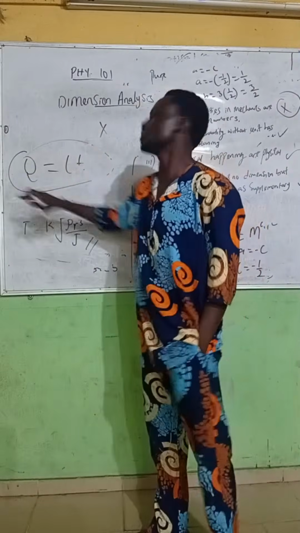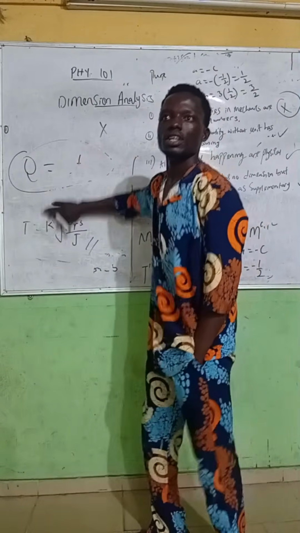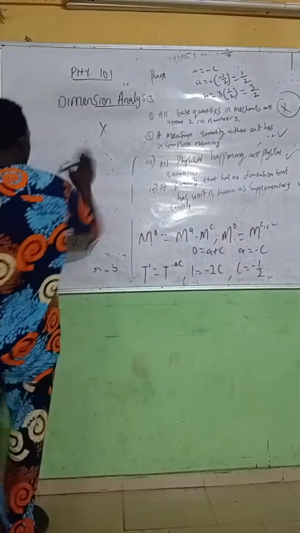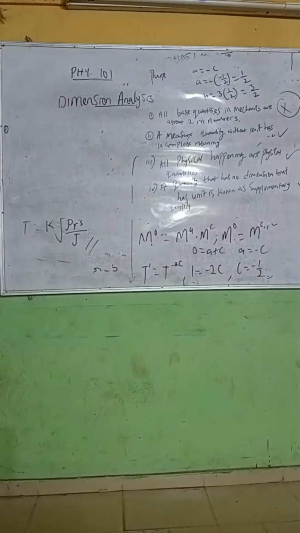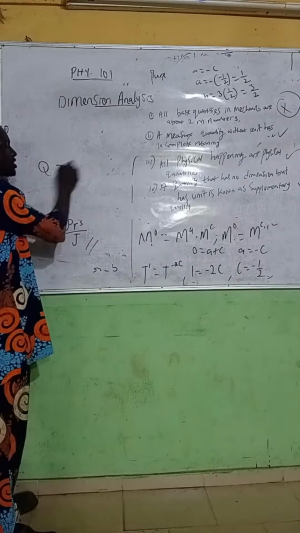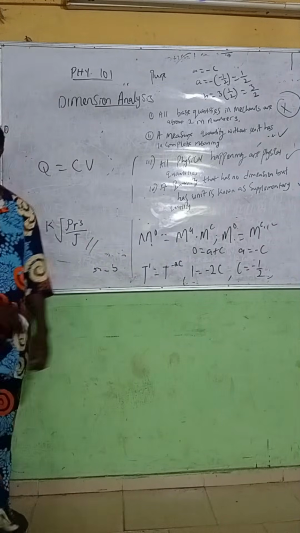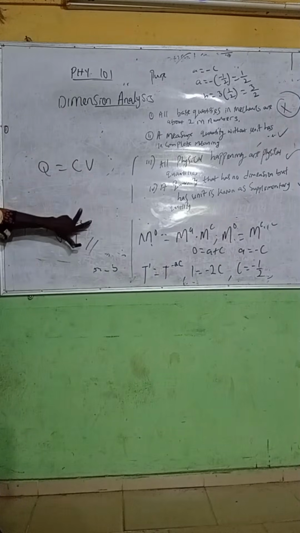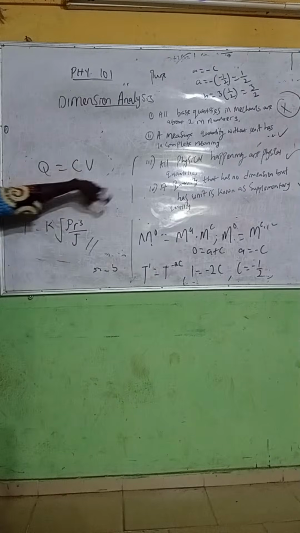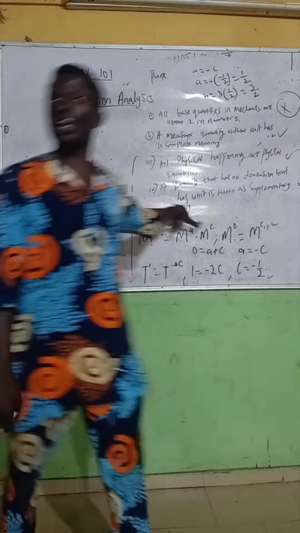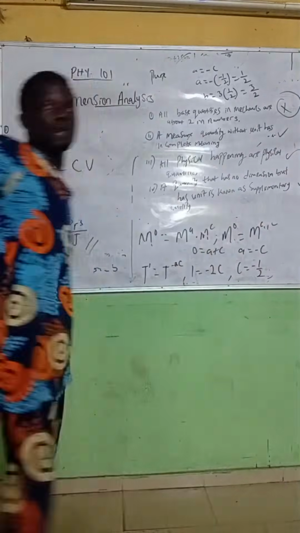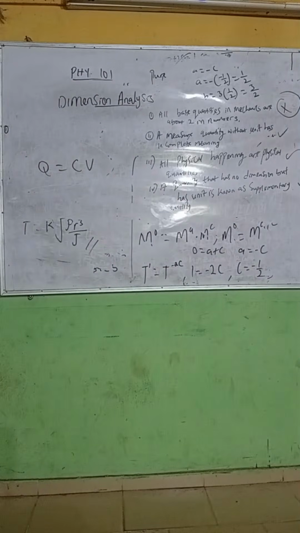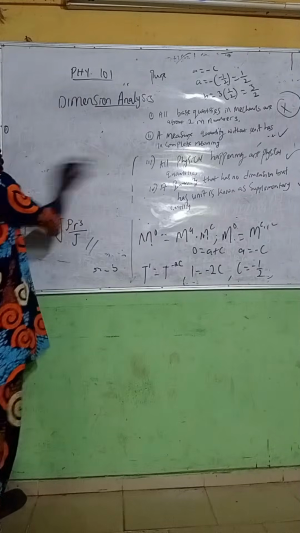We can derive charge without current. We have Q equals CV. Here there is no current, only capacitance and voltage. So we can derive charge using capacitance and voltage alone. So that's also true.